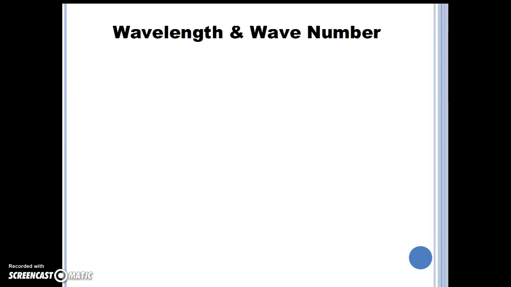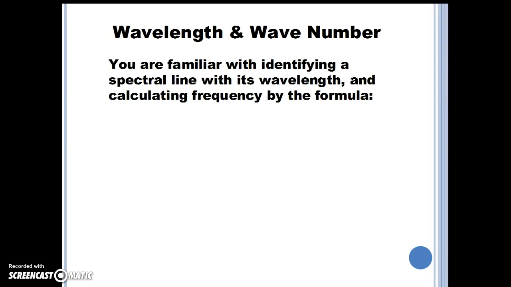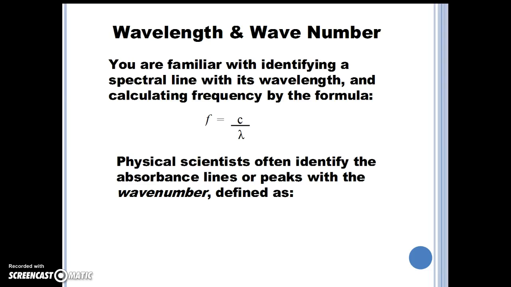Let's define the wave number. You're familiar with identifying a spectral line with its wavelength, and you calculate the frequency by the formula: frequency equals the speed of light divided by the wavelength. Physical scientists frequently identify the absorbance lines or peaks of a spectrum with something called the wave number.